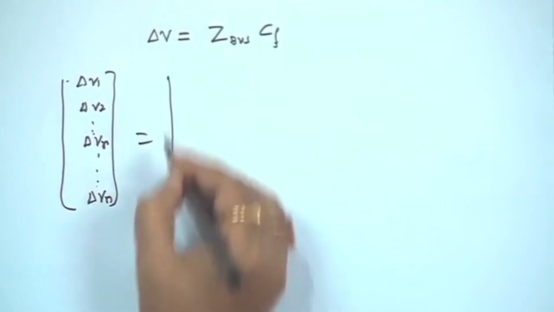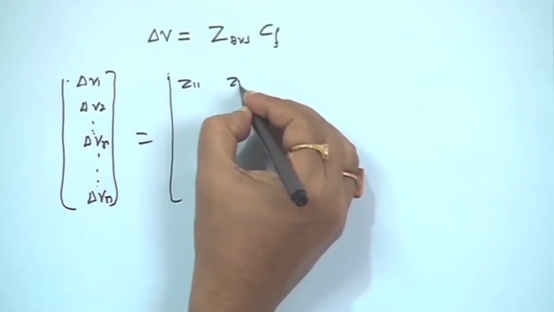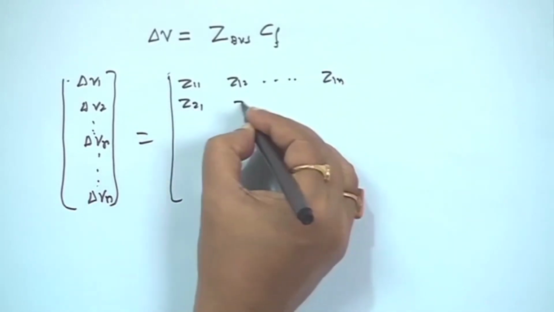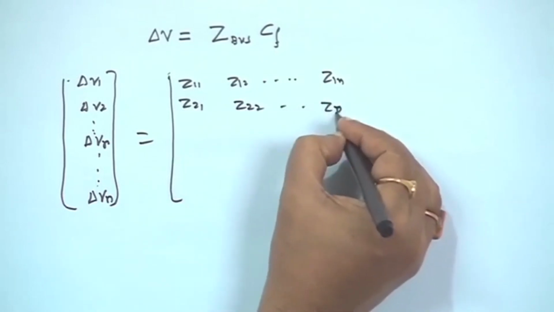this is Z bus. So, Z11, Z12, then Z1n, then Z21, Z22, Z2n, right.